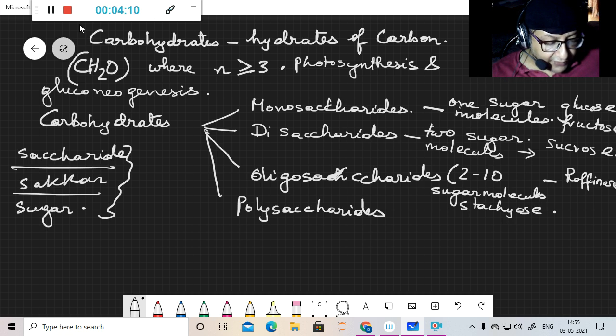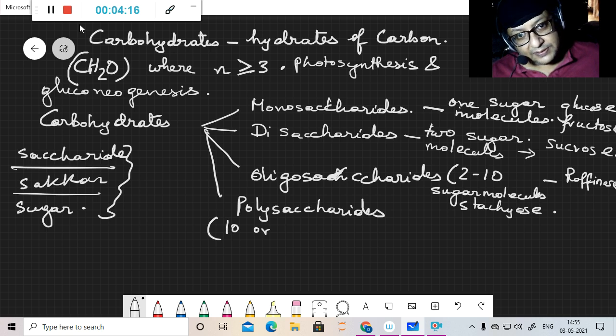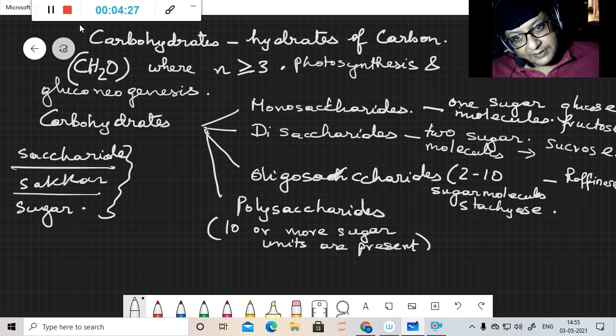And then you have the famous polysaccharides, where 10 or more sugar units are present.